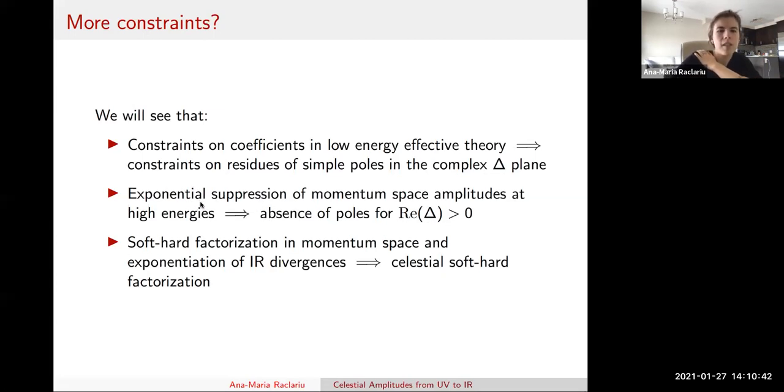So this is the main ingredient which ensures that celestial amplitudes won't have any poles on the positive real axis, as we'll see. Finally, hopefully I'll have time to briefly comment on the soft factorization on the celestial sphere and constructing infrared finite celestial amplitudes, as I briefly said at the beginning.